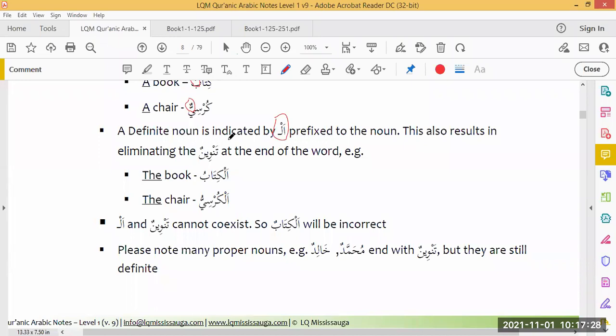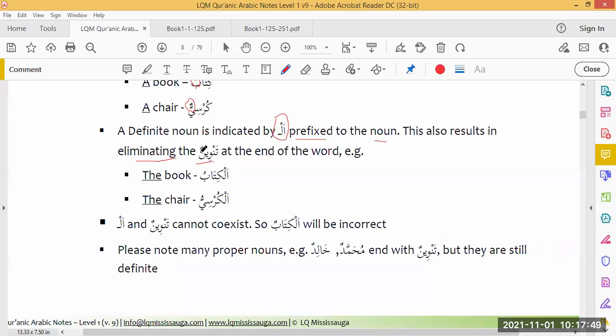A definite noun is indicated by the al prefix to the noun. This also results in eliminating the tanween. When we use alif lam, then we cannot use the tanween.